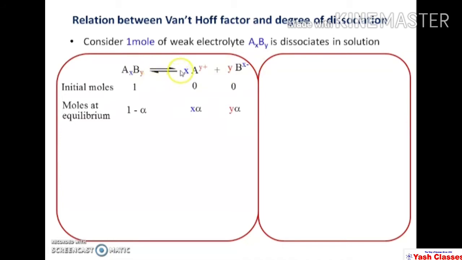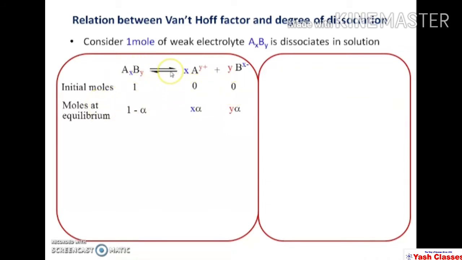This dissociation process is reversible. 100% dissociation is not there. Suppose initially 1 mole of this weak electrolyte is taken. Initially there will be no cations and anions, so initial moles of cations and anions are 0.